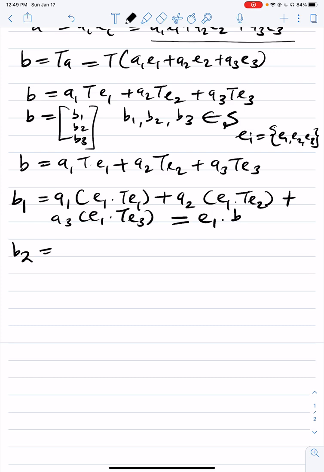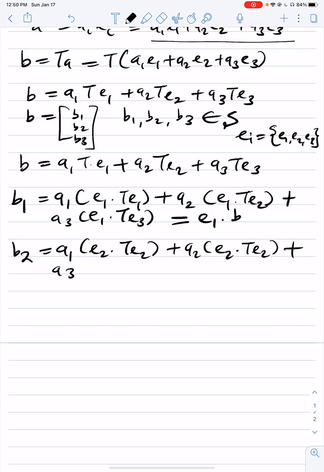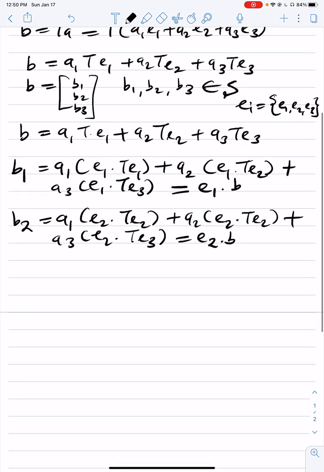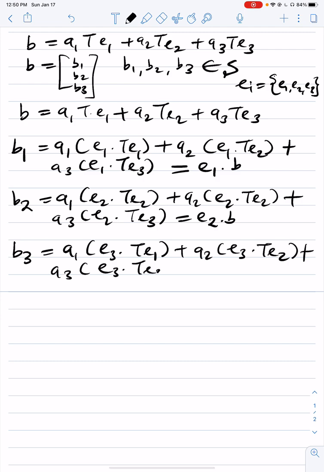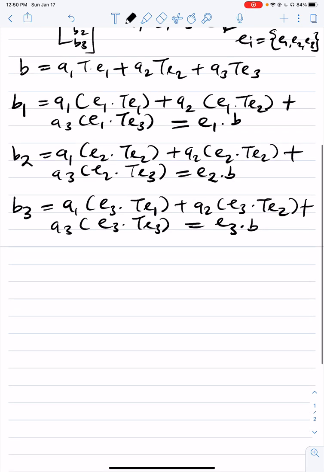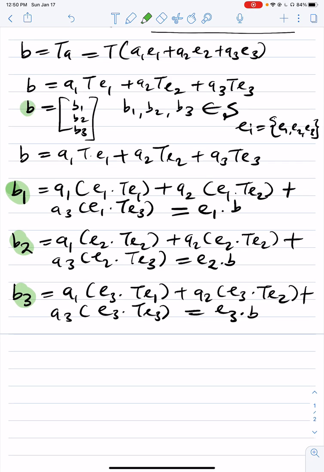For B2, look at this very closely again: A1 E2 dot TE1 plus A2 E2 dot TE2 plus A3 E2 dot TE3 equals E2 dot B. Similarly, for the third one, it should be A1 E3 dot TE1 plus A2 E3 dot TE2 plus A3 E3 dot TE3 equals E3 dot B. So B1, B2, B3 are all components of B, right?